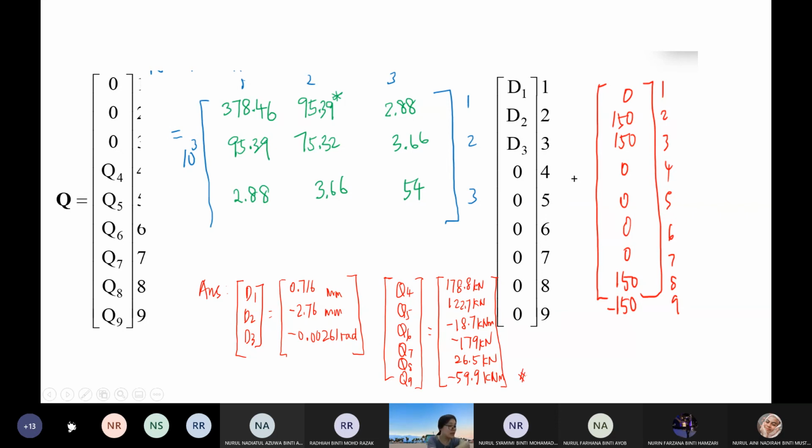I will also show you how to determine the internal forces from the stiffness equation in my other video. But if you do not want to use the matrix to solve your internal forces, you can use your knowledge of the cut section method.